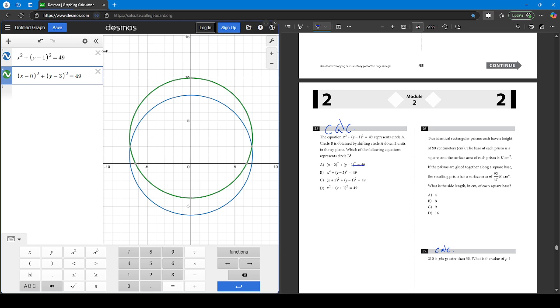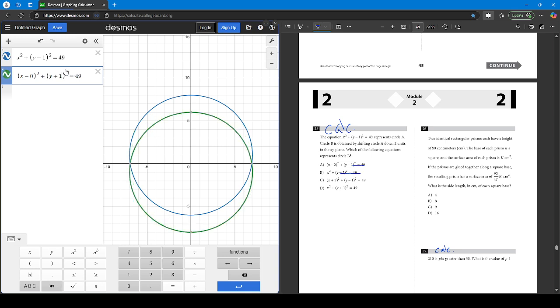Looks like it shifted up to, but not down to. Which makes me want to try answer choice D, y plus 1. Down 2, down 2, down 2. Answer choice D is correct.